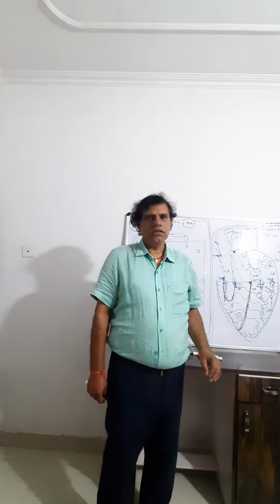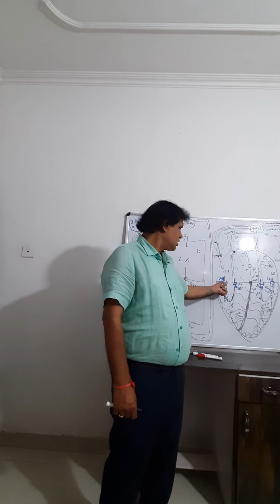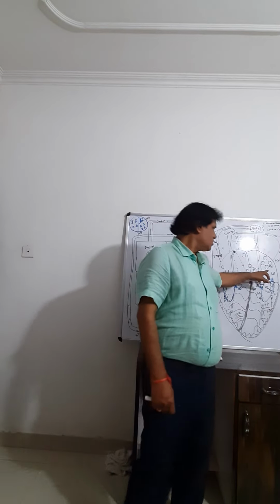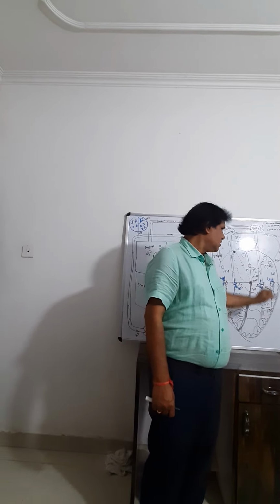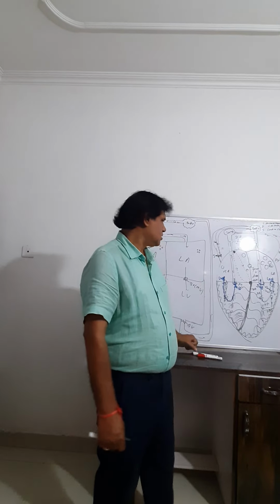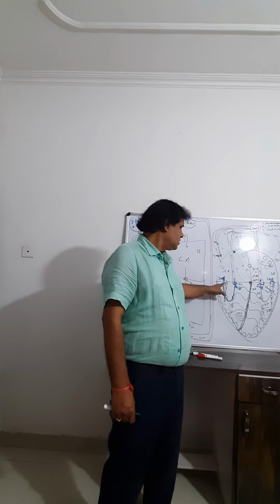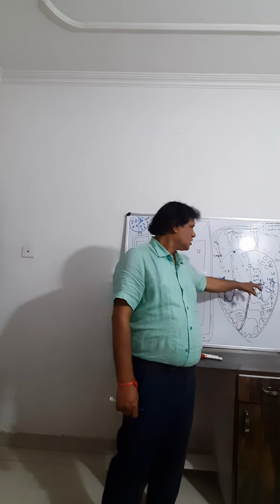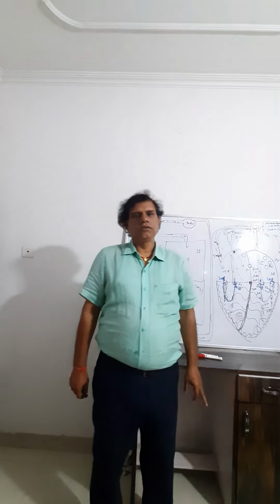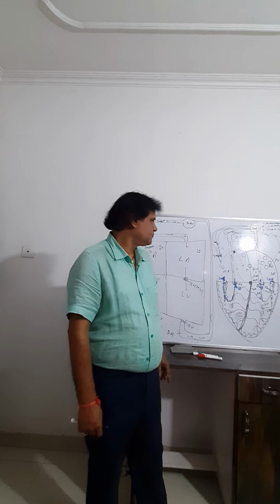The right auricle opens into the right ventricle with the help of the right atrioventricular aperture, and the left auricle opens into the left ventricle by the left atrioventricular aperture. These are guarded by the tricuspid valve and the mitral or bicuspid valve.